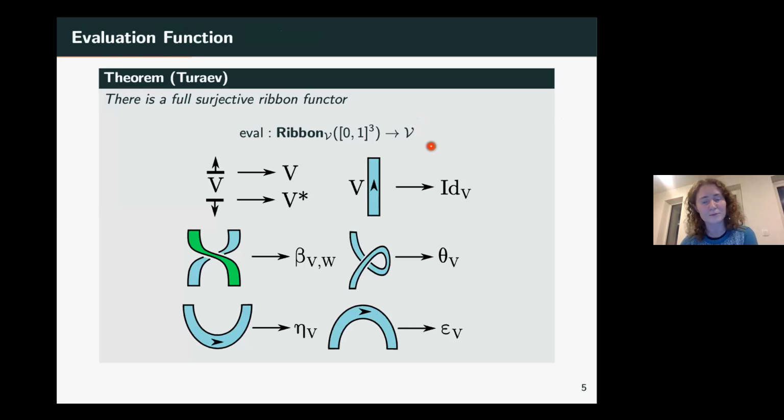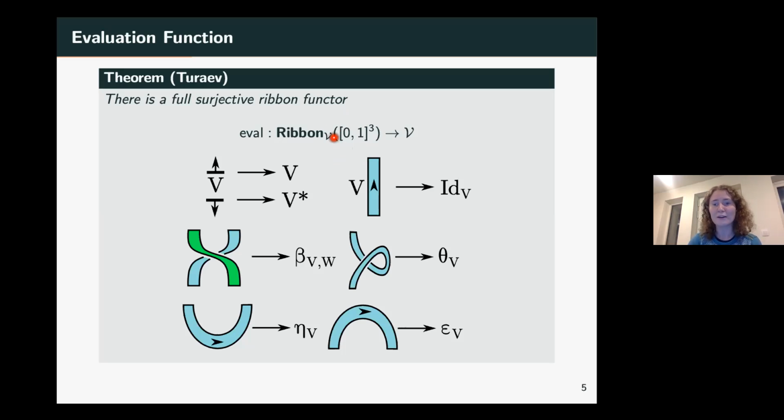So if you look at Turaev in his book or his paper, he proves that there's a full surjective ribbon functor. So what I mean, from this ribbon category, not in the case where you have a general surface, but just when you have a cube, basically, or a thickened square.